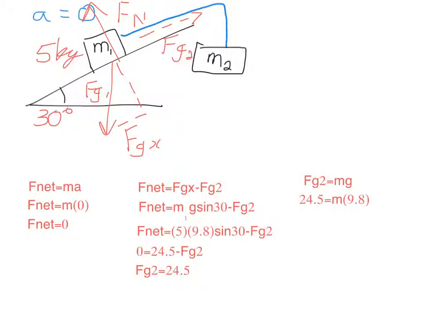So I will get m equals, oops, right? 24.5 divided by 9.8. And that gives us 2.5 kilograms.